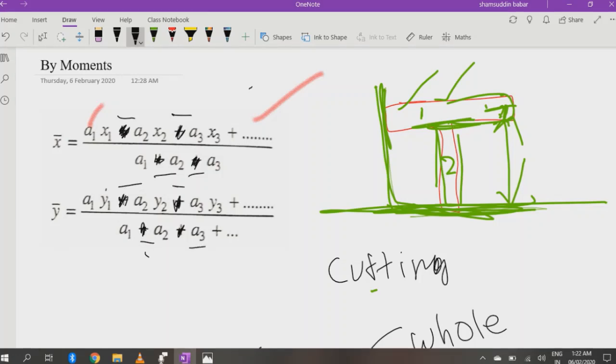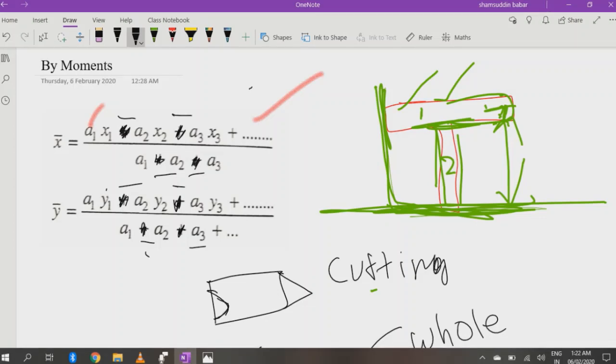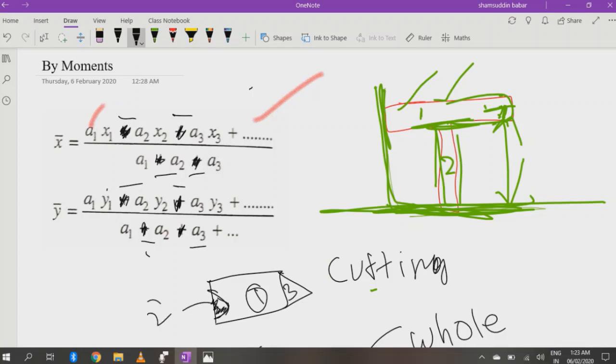For example, you have been given a section of a rectangle, with a triangle, and inside the rectangle there is a half circular cutting section. This is my cutting section, so I can rename it: this is my third section and this is my second section.